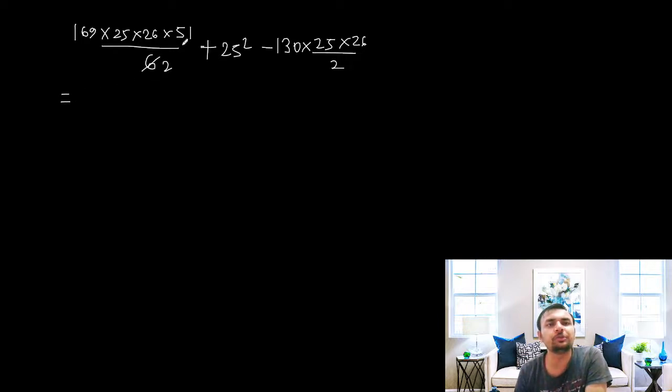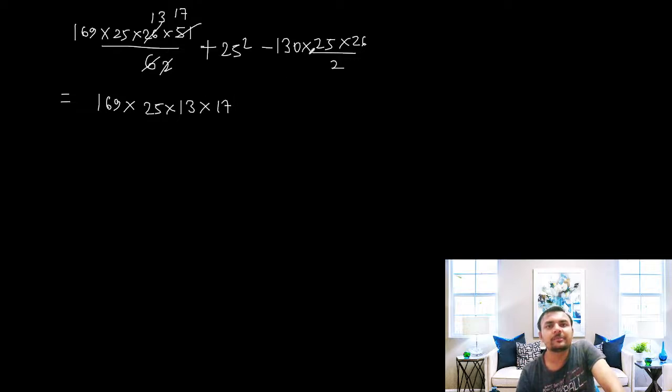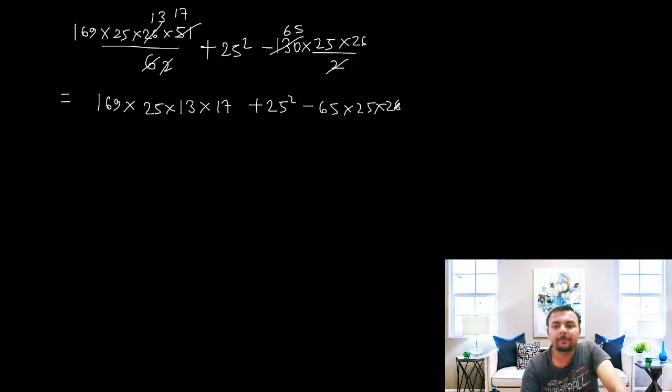So 3 2s are 6, 3 17s, 2 13s. So we got 169 into 25 into 13 into 17, 65. So we have 25 whole square minus 65 into 25 into 26.